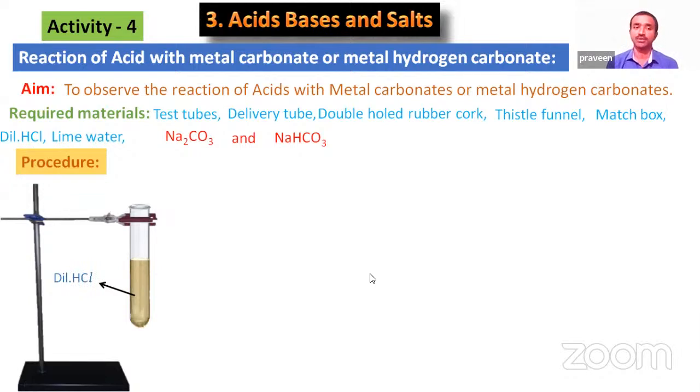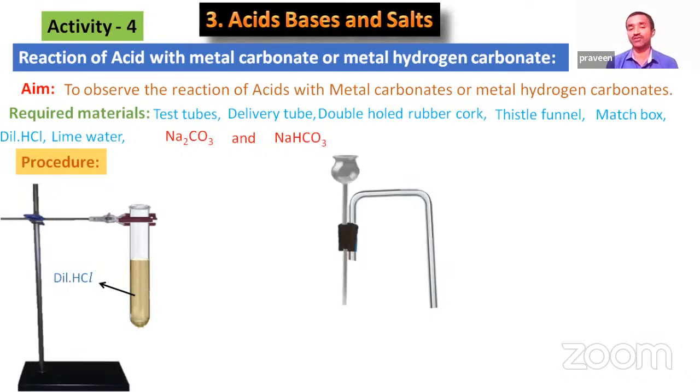Next, we have the delivery tube, double hole rubber cork, and thistle funnel. After adding dilute HCl, you have to arrange them. Take a double hole rubber cork, fix the delivery tube to it, then fix the thistle funnel.